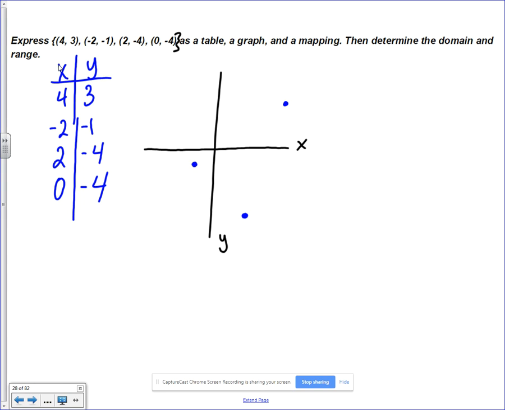And then I have 0, -4. Where do I go for the 0? Nowhere. And then -4 down. So it should look something like that. Now, I want to make sure I make this point. Somebody asked me in my 4th period class, and I want to make sure you guys get the same thing here. Should I connect these dots?